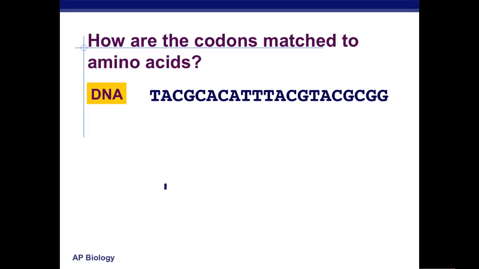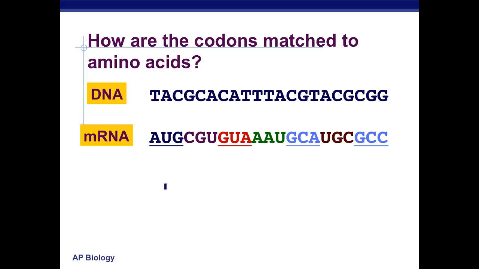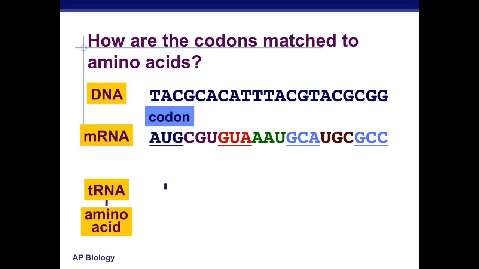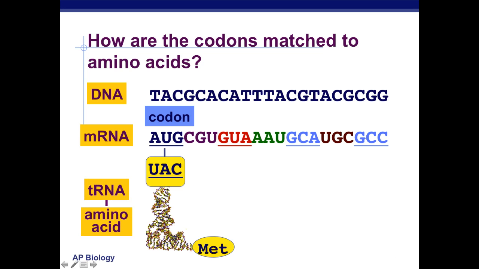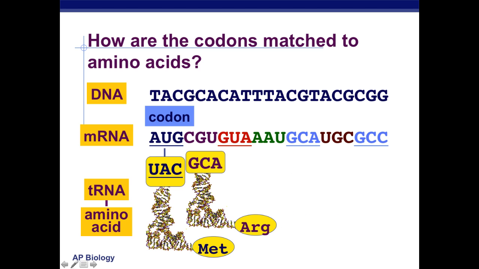So how are the codons matched to amino acids? If you're starting with your DNA, you have your complementary mRNA, which has your codons. The tRNA carries the amino acids. So the AUG codes for methionine. The CGU codes for arginine.